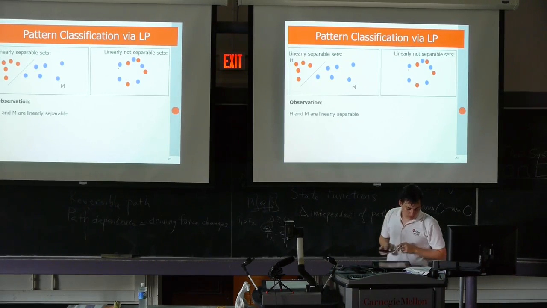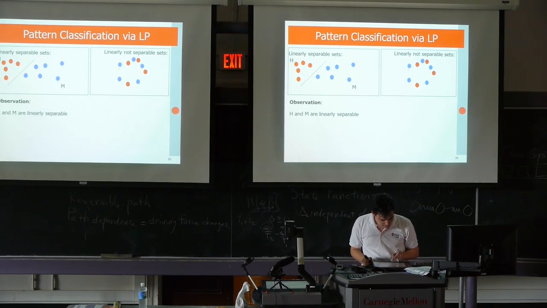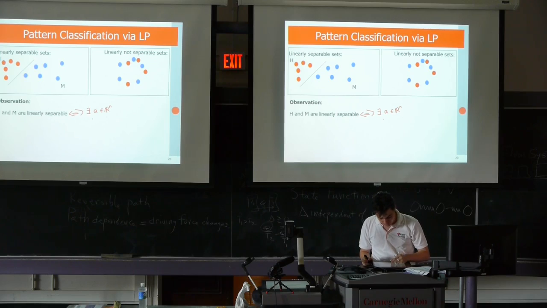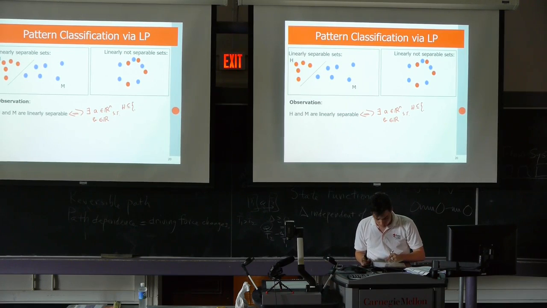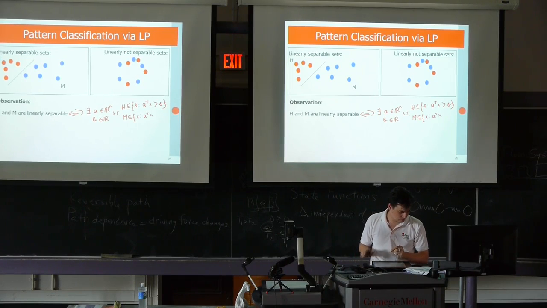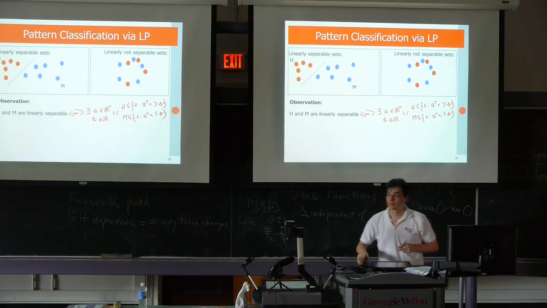The first observation is very trivial. H and M are linearly separable if and only if there exists a vector A in the n-dimensional Euclidean space and a real number B such that H is a subset of those x points in the n-dimensional Euclidean space for which A transpose x is bigger than B, and M is a subset of the points where A transpose x is not bigger than B. Is it clear?